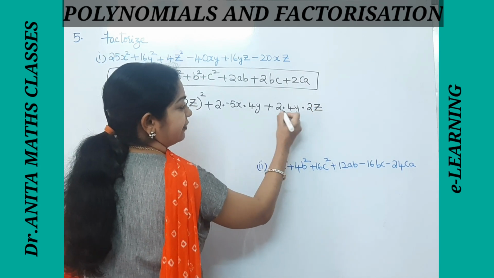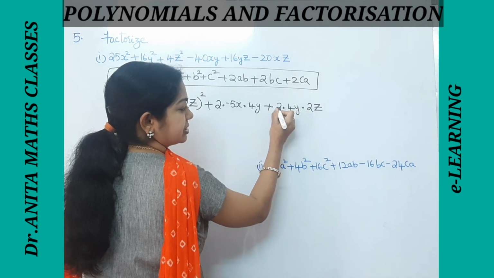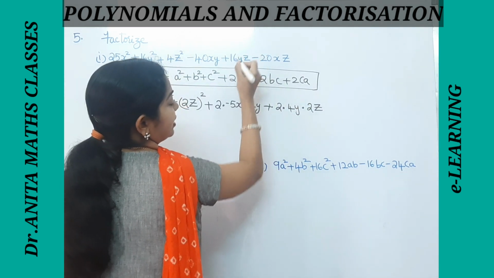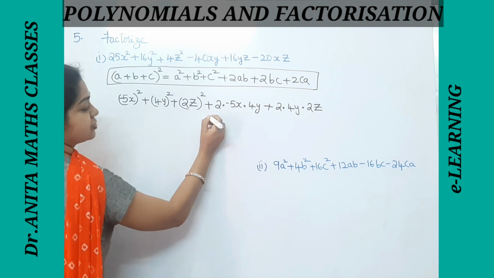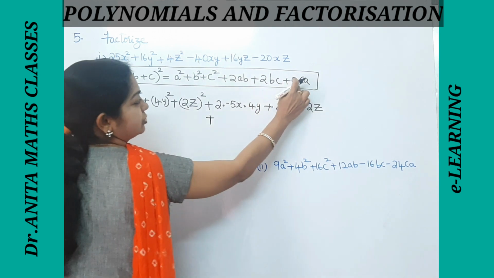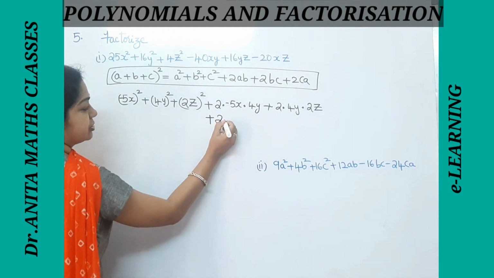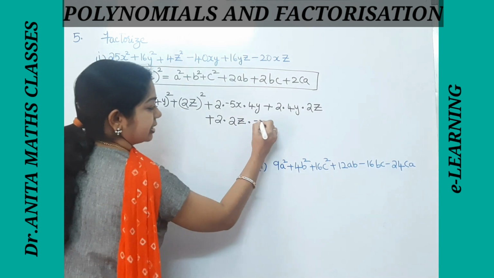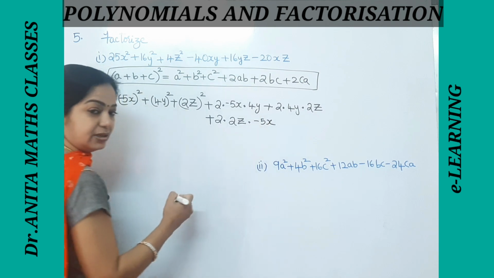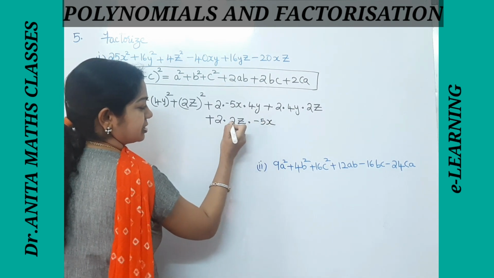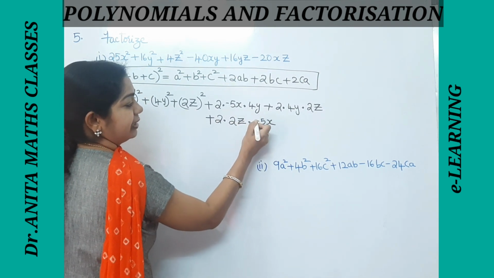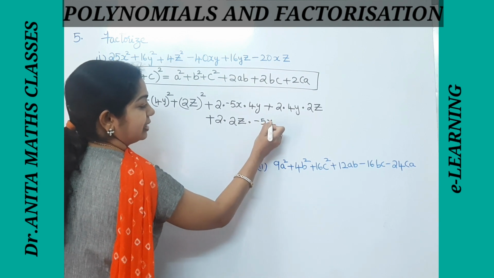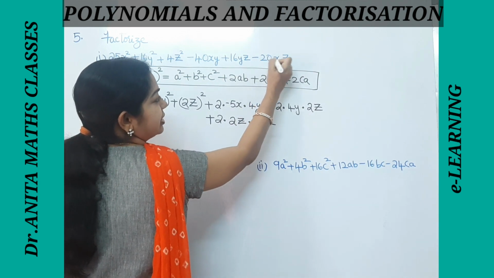We'll multiply and verify. 4 2's 8, 8 2 16, 16yz. 16yz we got it. And the next one plus 2ca. So 2 into the c value 2z and the a value negative 5x. Let us multiply. 5 2's 10, 10 2's 20, and here there is a minus sign. Minus 20xz. So minus 20xz.